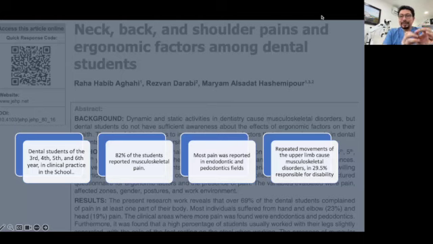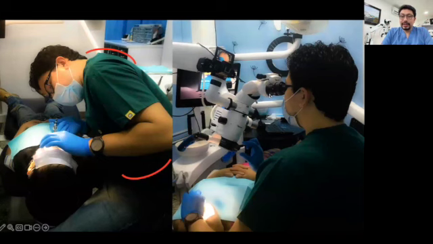That guy is an expert on that topic, and he will guide you along all the tips and tricks that you need to understand and know for having proper ergonomics in your dental office. And everything will be related to avoiding these musculoskeletal disorders.